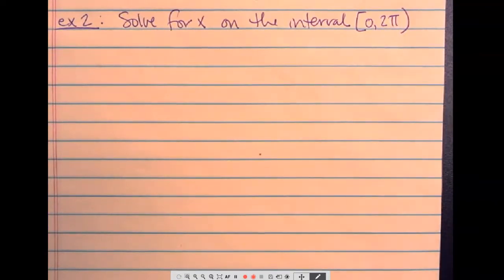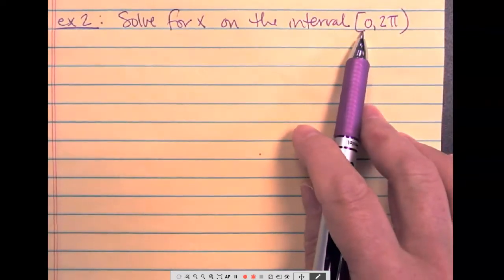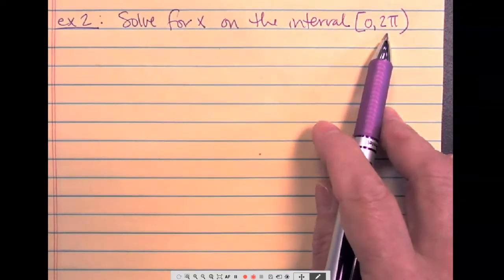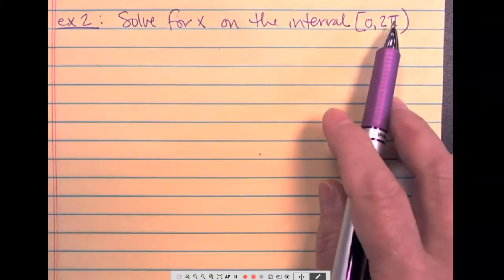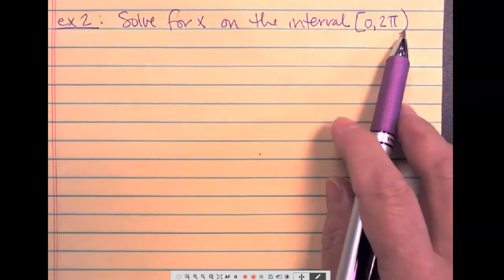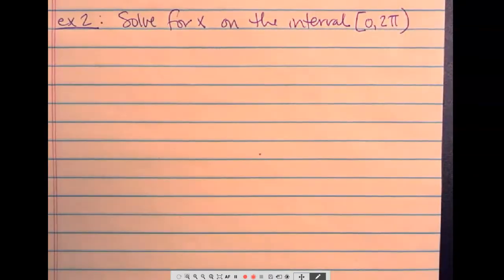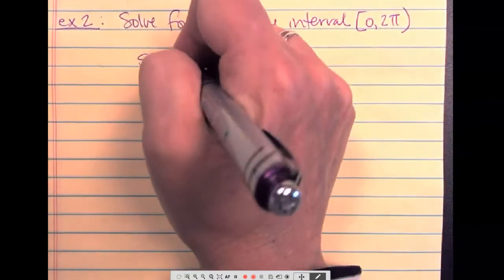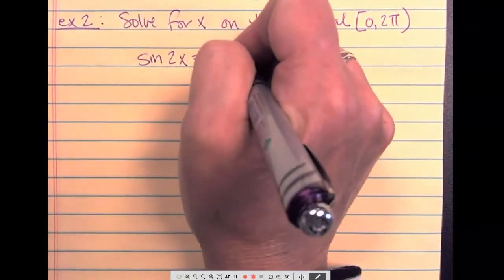Okay, so just those directions tell me, hey, eventually I'm going to be looking on my unit circle for something that makes it true, and I'm going to go from 0 up to 2 pi, but don't include 2 pi. So basically the entire unit circle, but I will use 0 and not 2 pi. Okay, so here's my equation. Sine 2x equals cosine x.